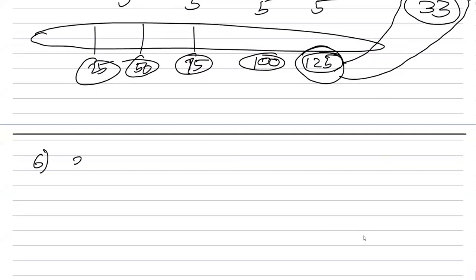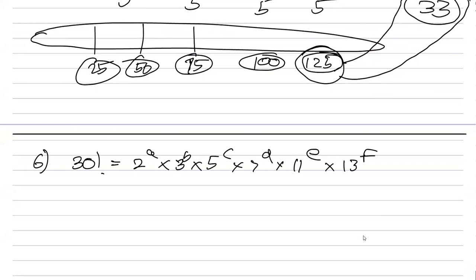In 30 factorial equal to 2 to the power a times 3 to the power b times 5 to the power c times 7 to the power d times, not 9, 11 to the power e, 13 to the power f, 17 to the power g, 19 to the power h.